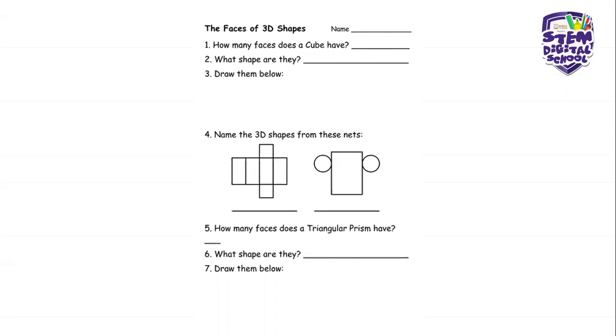Now, I want to check once again your understanding. We have done this concept of a triangular prism. How many faces are there? How many faces are there in a triangular prism? How many faces?